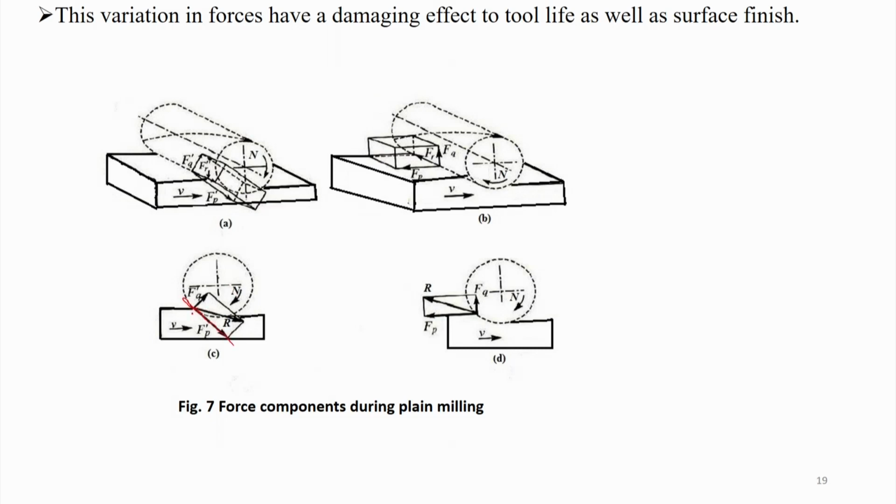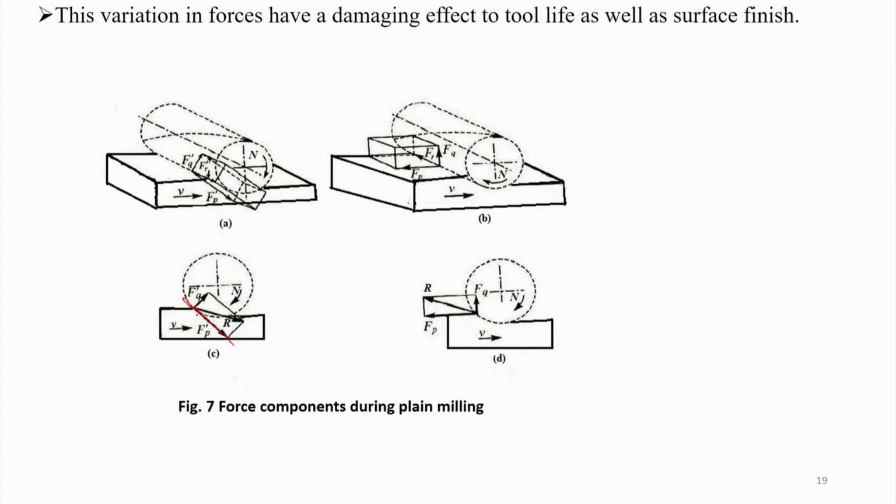Similarly, the workpiece is applying a force Fq prime on the cutter in this direction, that means it is trying to lift the cutter and the cutter is trying to press it down. So, these are the forces on the cutter by the workpiece. By Newton's law, it will be equal and opposite for the workpiece.